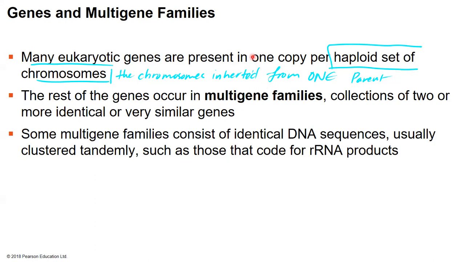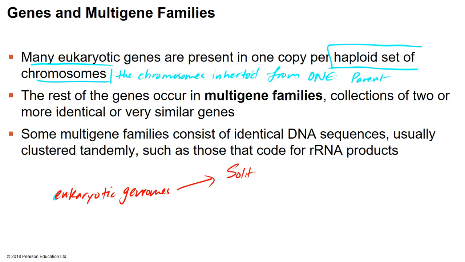So for example, in eukaryotic genomes, most of our genes are solitary genes.